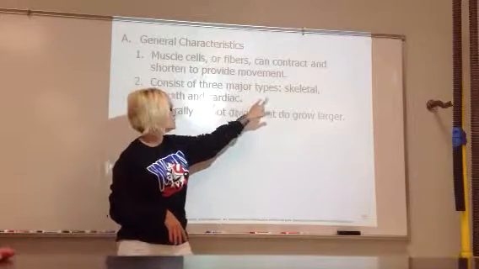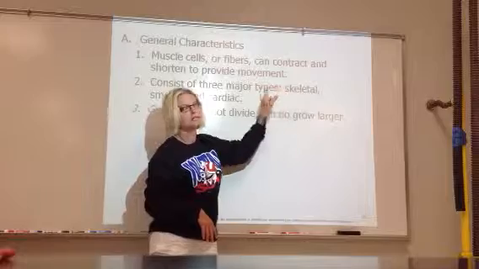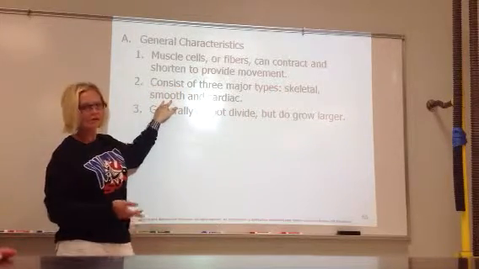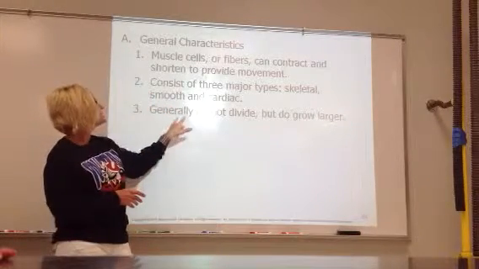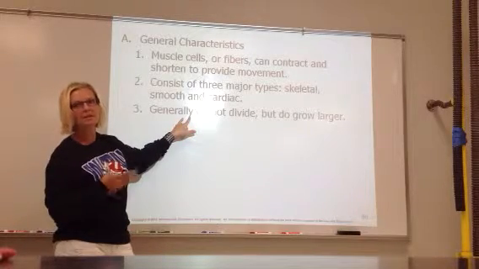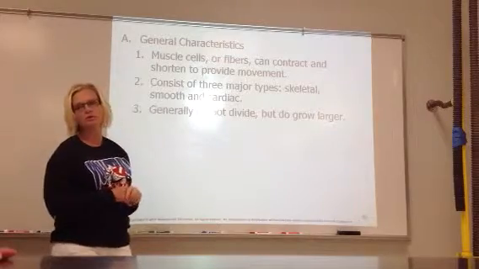You'll also see skeletal called striated or voluntary. Smooth will be called involuntary, non-striated. So three main types. Typically, once your muscle fibers are formed, they don't divide but they just continue to grow larger.